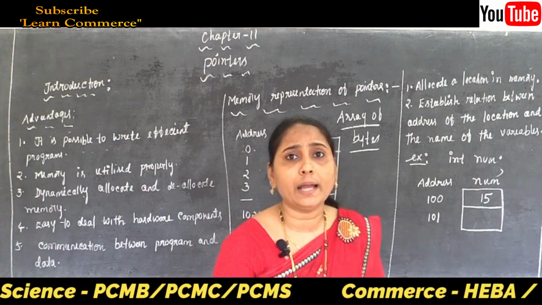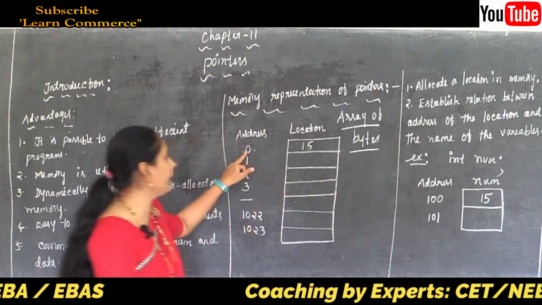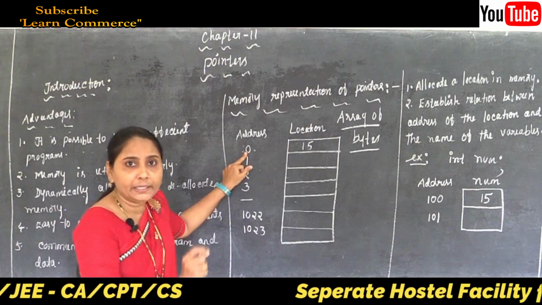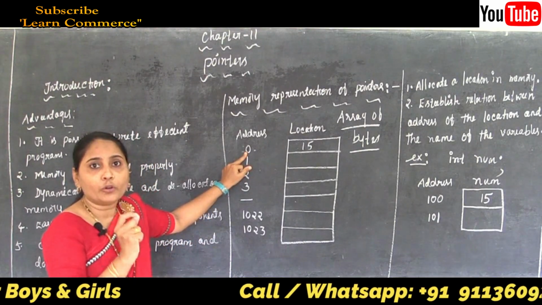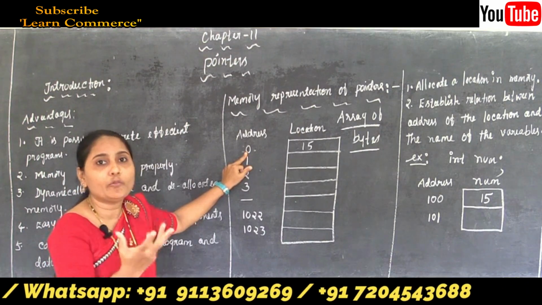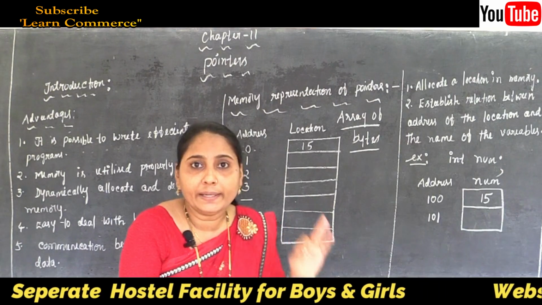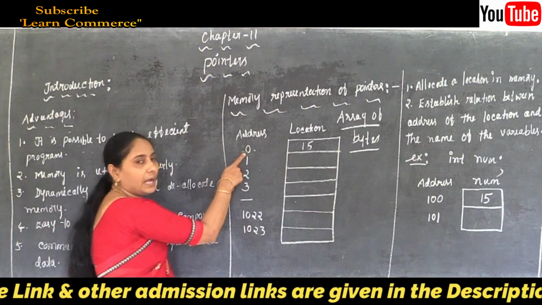So we can say that a byte is a basic storage and accessible unit in memory, and each byte is identifiable by a unique number. So how are we going to identify the byte? In pointers, a byte is identifiable by a unique number called an address.